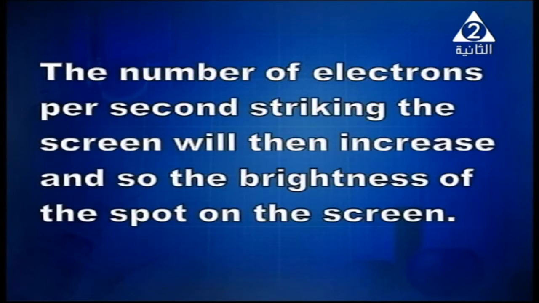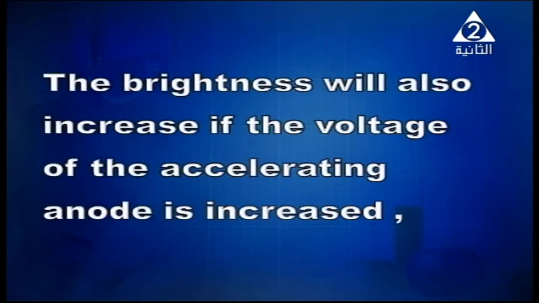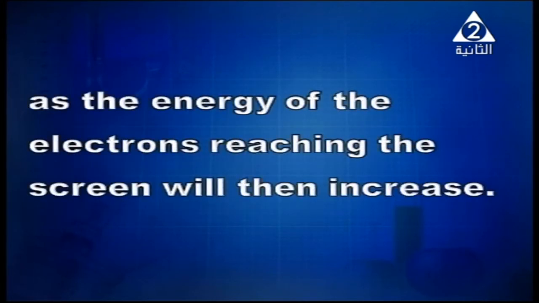The number of electrons per second striking the screen will then increase, and so the brightness of the luminous spot will be increased. The brightness of the luminous spot will also increase if the voltage of the accelerating anode is increased. The energy of electrons reaching the screen will then increase.